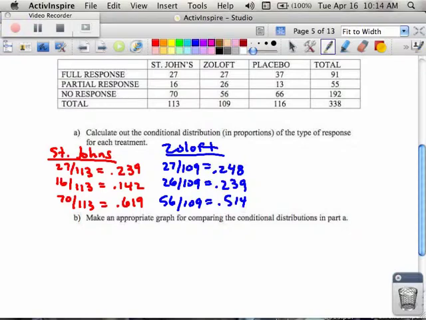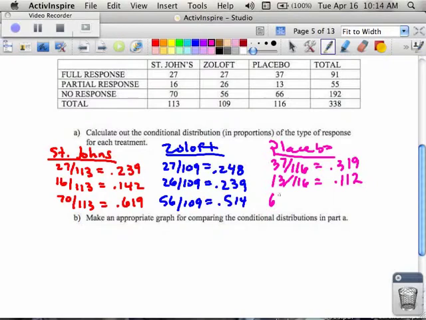And then for the placebo, there were 37 out of 116, which is the same as 0.319. There were 13 out of 116, which is the same as 0.112.